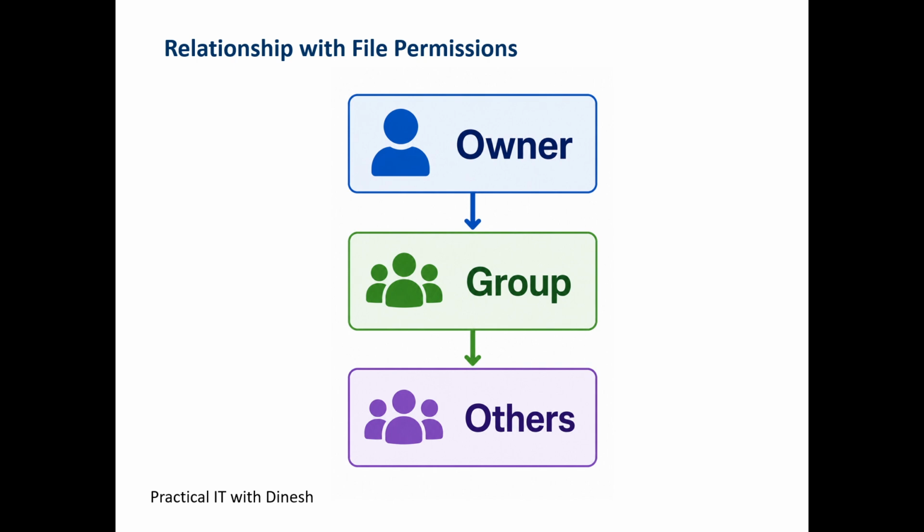If you are in the file's group, another set applies. Otherwise, Linux checks the permissions for others. This is why understanding users and groups is essential before working with permissions.